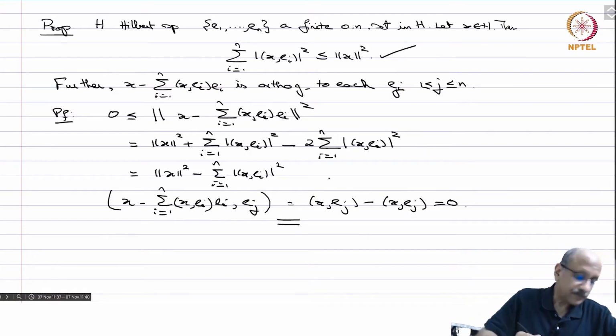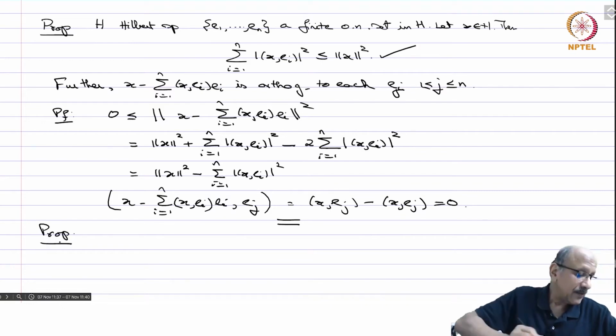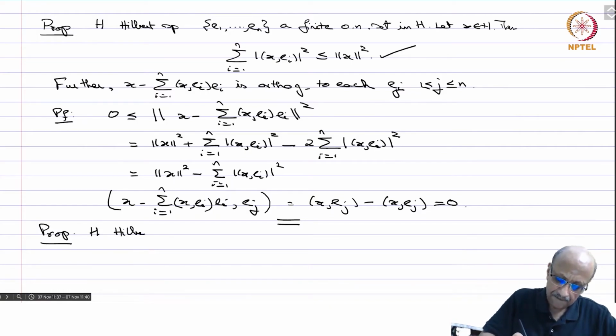Okay, so next is an important proposition. Let H be a Hilbert space and I an indexing set.